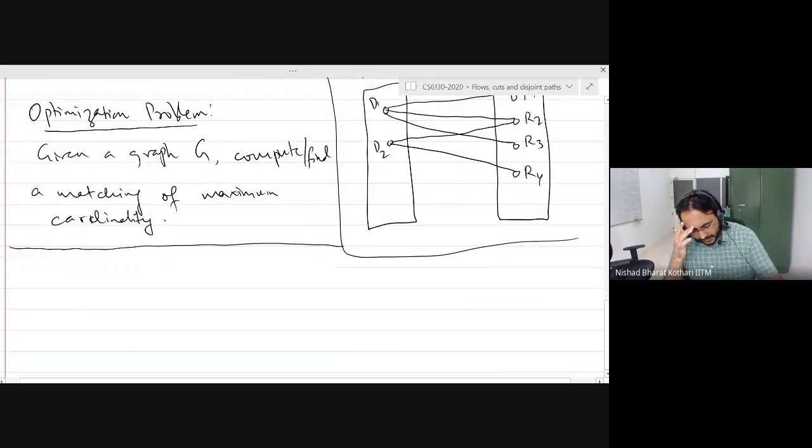But let's think about something else. Supposing I give you a matching, and I want to convince you that this is a matching of maximum size. How would I do that? That's another interesting question.